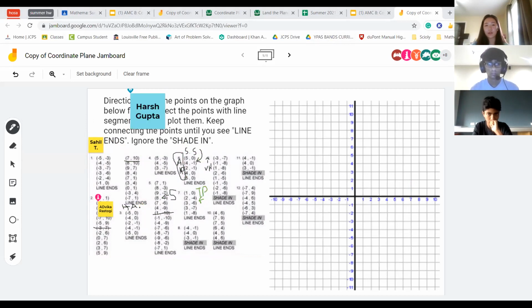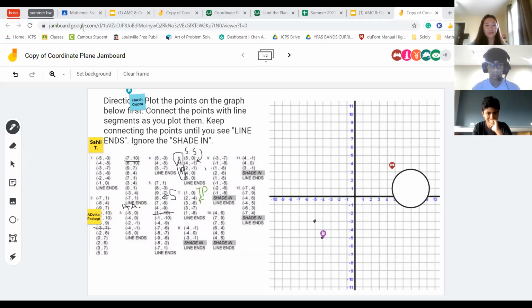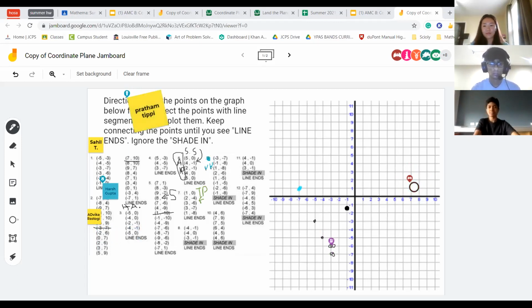So you can just start graphing with whatever color you want. And I think you guys can just use the pen tool.